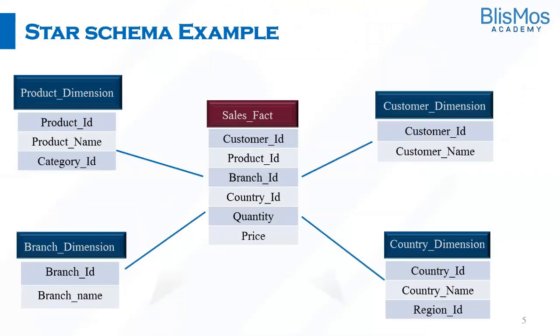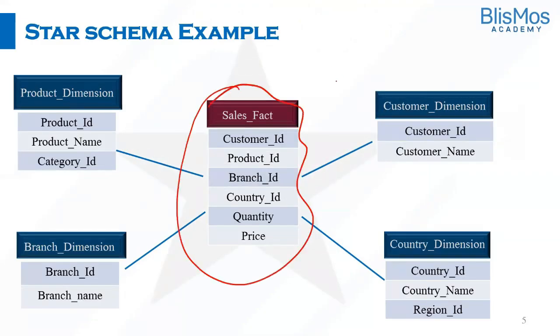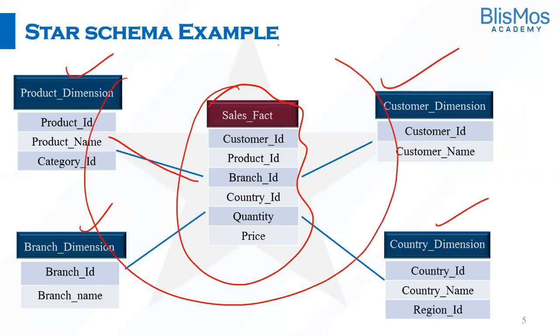Let's take an example. If you look at this wonderful example, we have a sales fact table in the center, and dimension tables like product dimension, customer dimension, country dimension, and brand dimension are around the fact table, which looks like a star. Here, each of the dimension tables has a direct connection to the fact table.